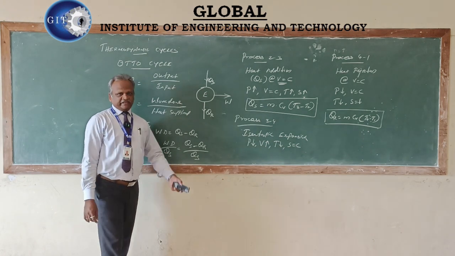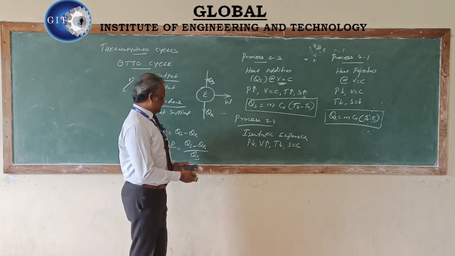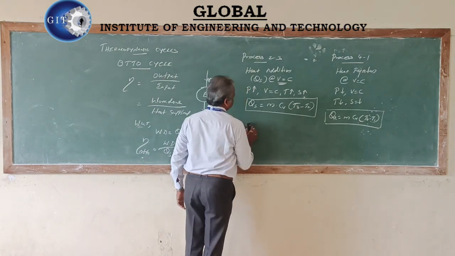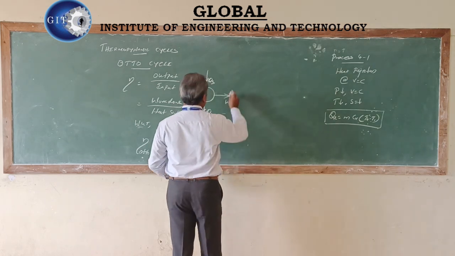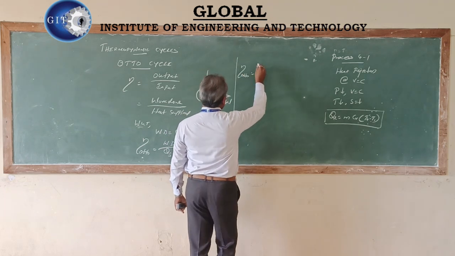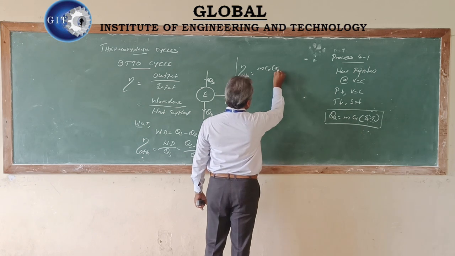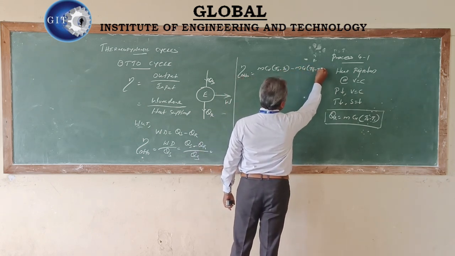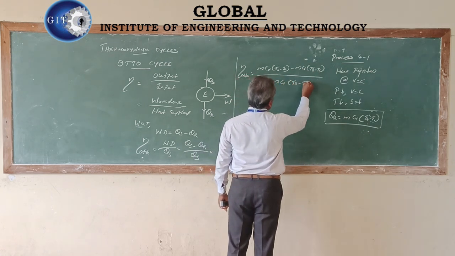Once we substitute the values of Qs and Qr as seen in the previous terms, we get m Cv (T3 minus T2) minus m Cv (T4 minus T1), divided by m Cv (T3 minus T2).